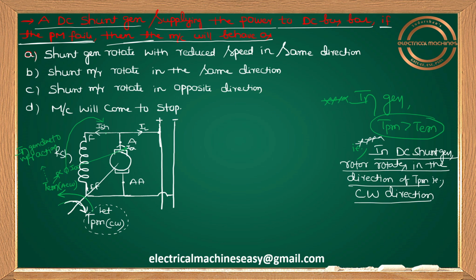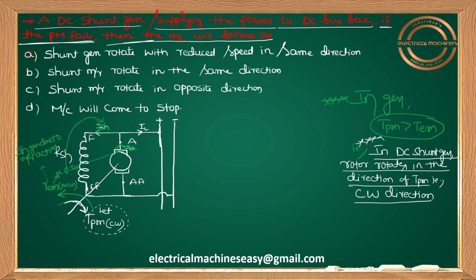Let me use the same color for the IA value, and here also ISH. So I took TM in the anti-clockwise direction corresponding to this direction of ISH and IA. Now, in a DC shunt generator, if the prime mover fails, it acts as a motor.